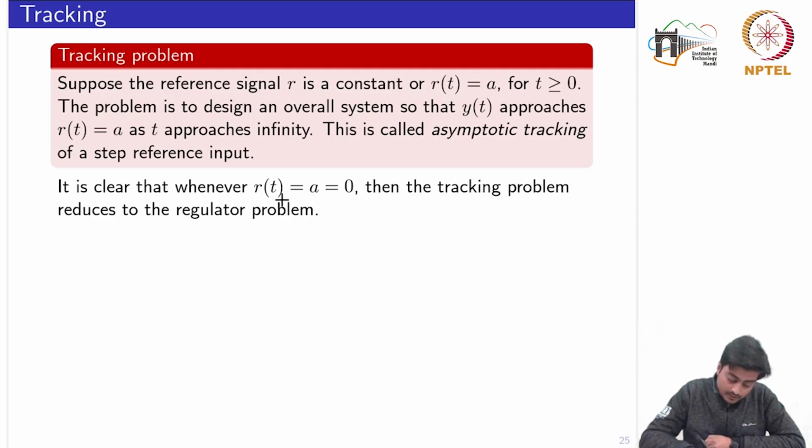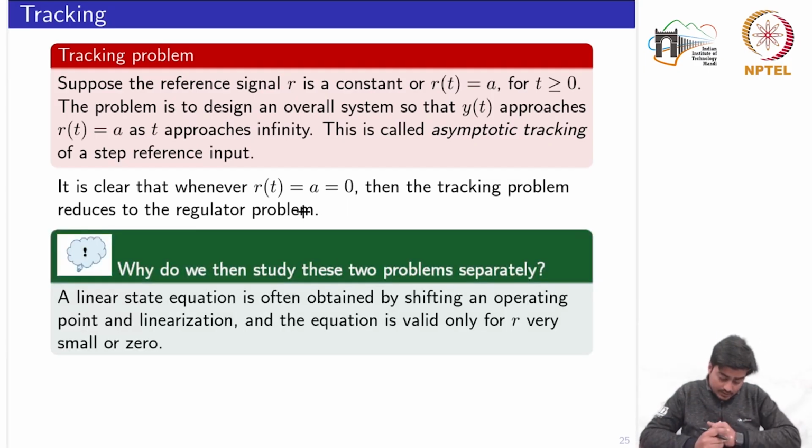The first implication is this: for any given A, if we design the controller as a regulator, would tracking always happen for any non-zero constant reference signal? The answer is certainly not, because it would also depend on the DC gain of the closed loop system. So the first question arises: why do we then study these two problems separately?